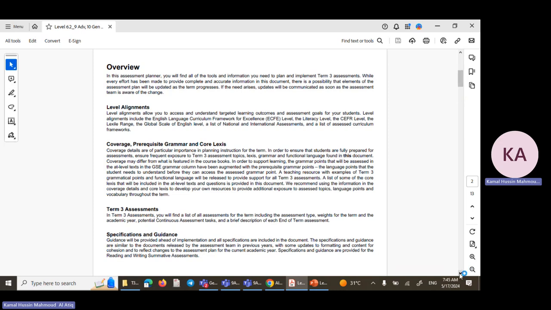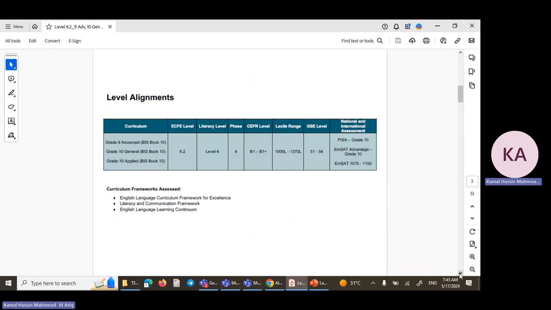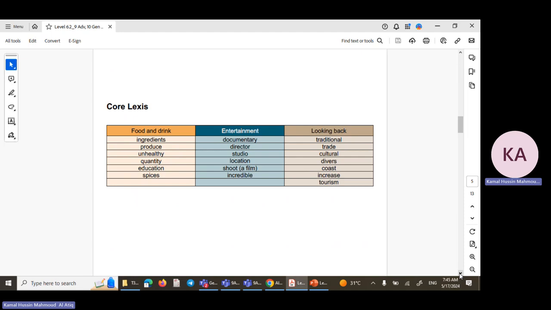Something else that must be taken into your account as students: the themes that will be covered. We have to concentrate on food and drink, entertainment, looking back. Looking back has to do with comparing between the present and the past.